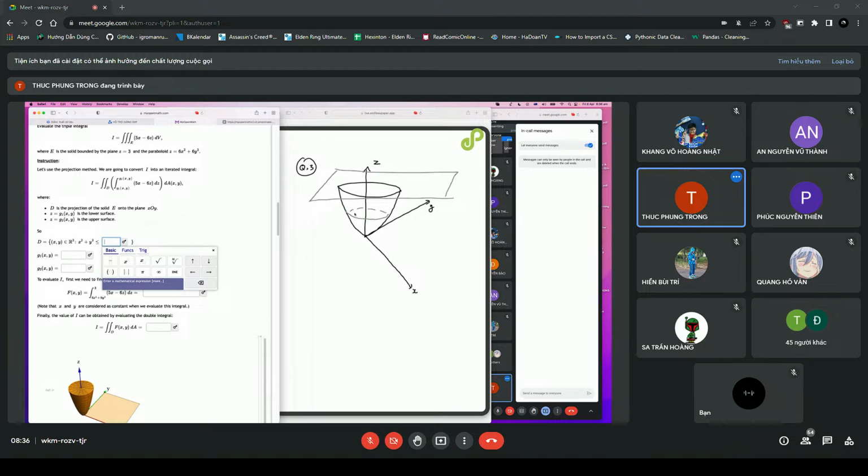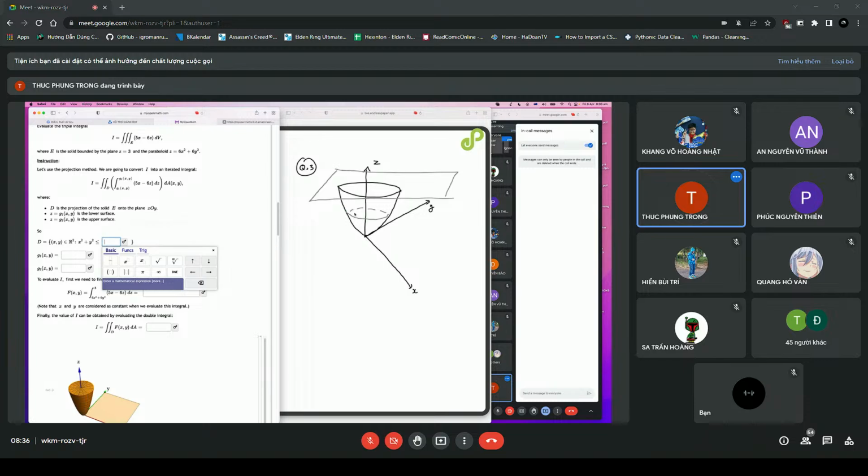This is the paraboloid we have. And then we have the plane z equals 3 for my question. Now we can see the solid E is below the plane and above the paraboloid. So everything inside here would be E in our question.